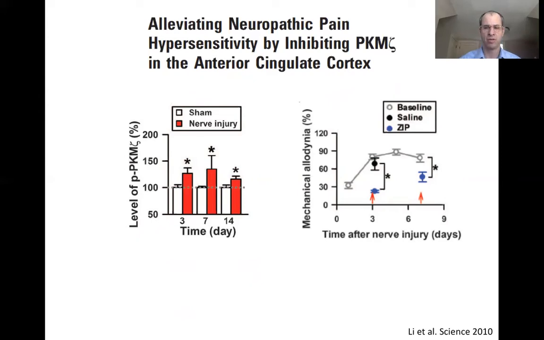And what was shown in this group is that a particular kinase called protein kinase M zeta is increased in this region, the anterior cingulate cortex, following nerve injury. And the reason why this kinase was thought to be important is it's actually related to the kinases that are involved in learning and memory.